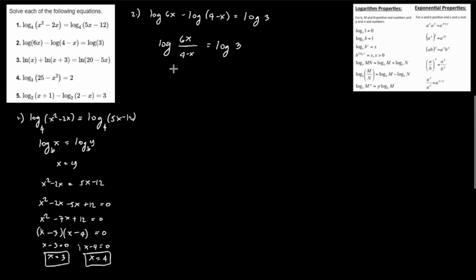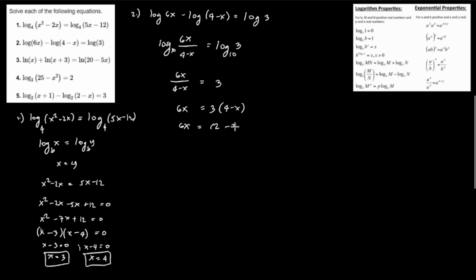With the same base 10, we have 6x all over 4 minus x is equal to 3. Cross multiply: 6x is equal to 4 minus x times 3, and simplify. 6x is equal to 3 times 4 or 12.